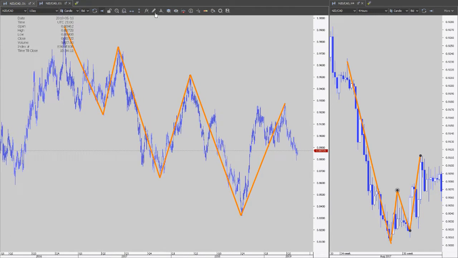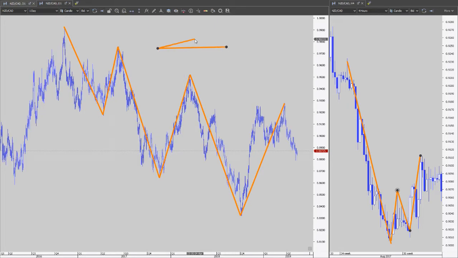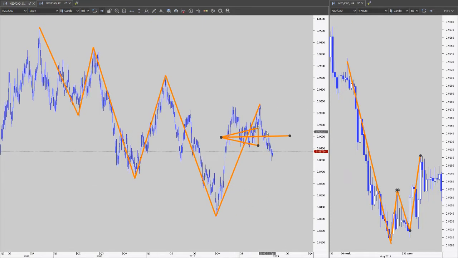Okay, and as you can see, in order for the market to wave, it must make extension, retracement. What is bigger, the extension or the retracement? Extension, retracement, extension, retracement, extension, retracement. Tell me you see this, everybody.